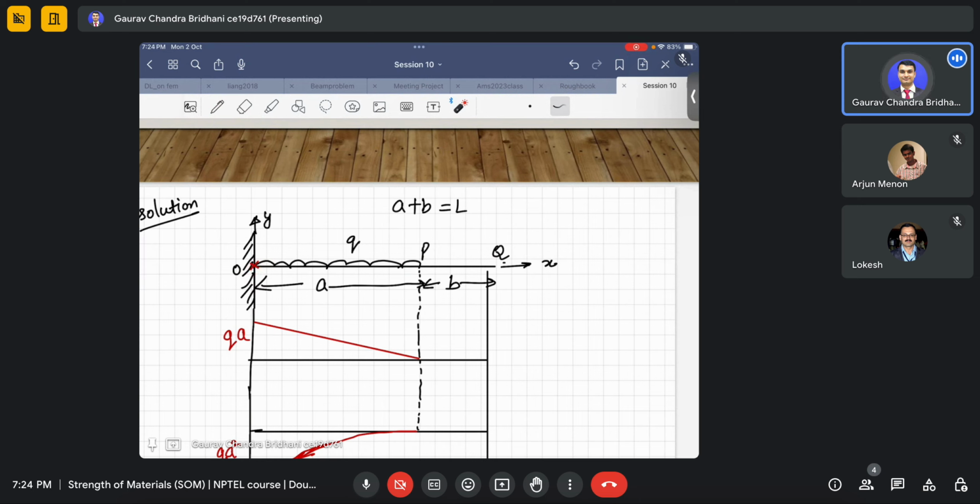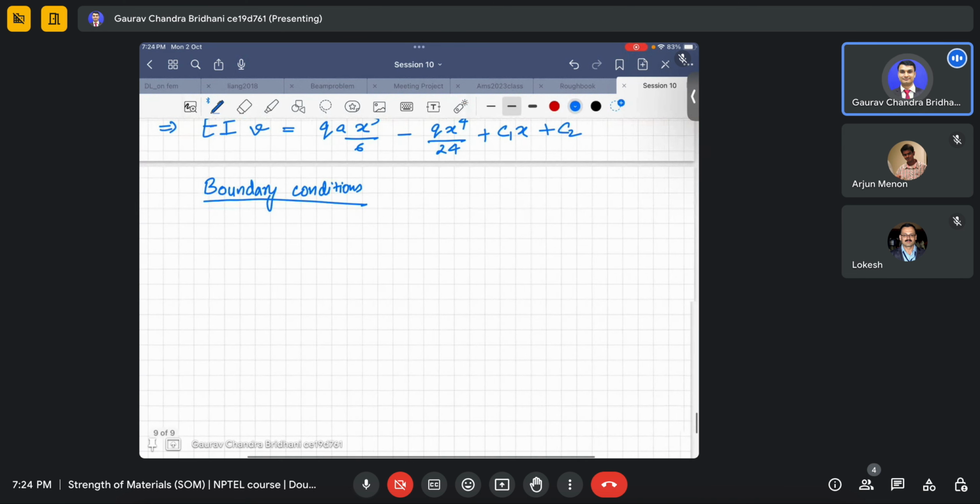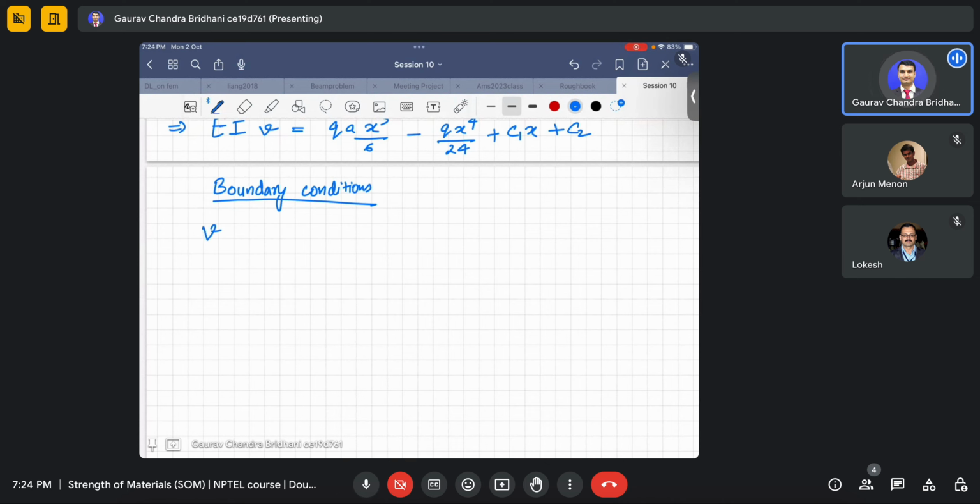So the boundary conditions are V at x equals 0 is 0, deflection is 0, and dV by dx at x equals 0 is also 0, the slope is also 0 at that point. So we have two conditions and two unknowns, C1 and C2.